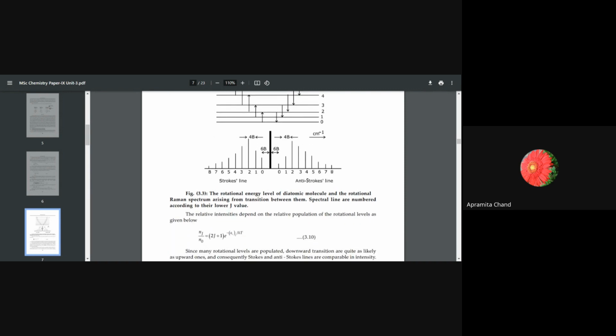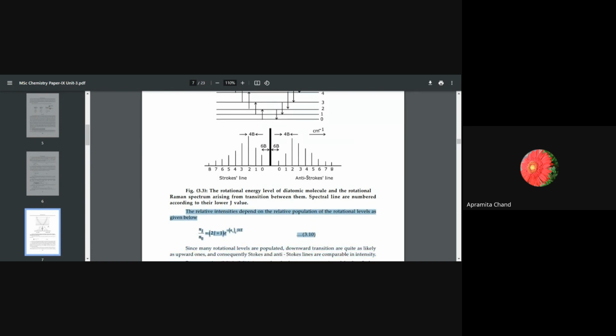Here also you note this equation down, 3.10. The relative intensities depend on the relative population of the rotational levels. Nj by N0 is equal to 2J plus 1 into e to the power minus capital E by kT. It's given in a confusing manner, so write e to the power minus capital E by kT.